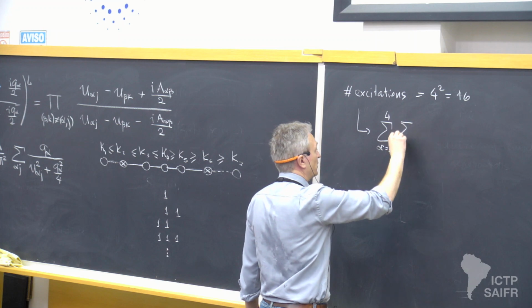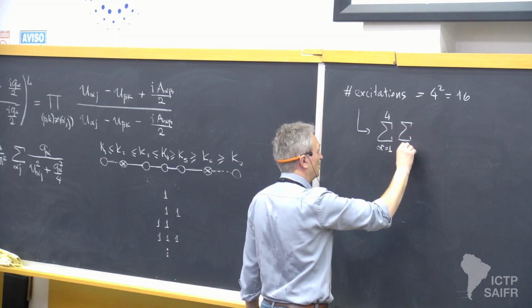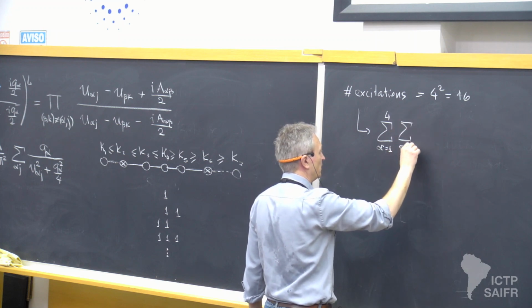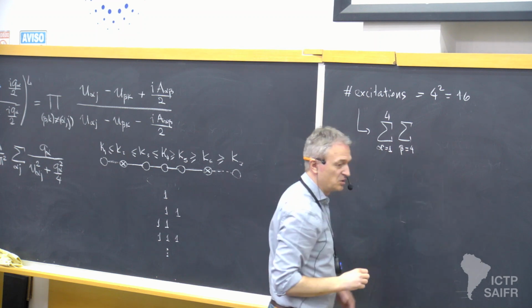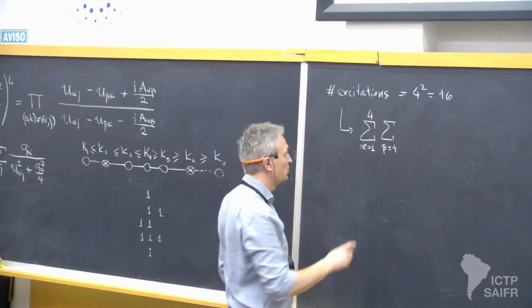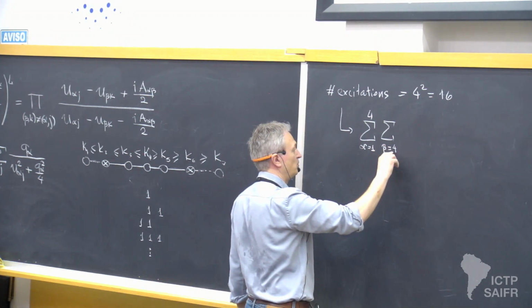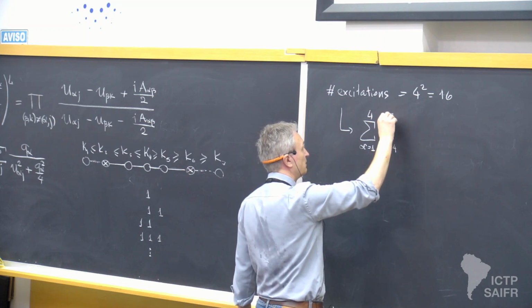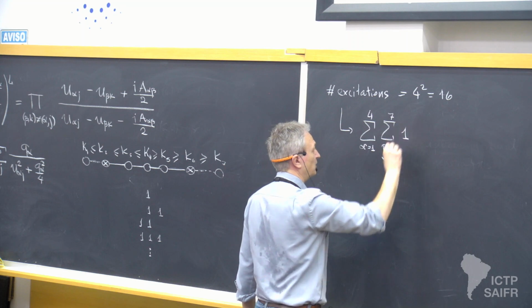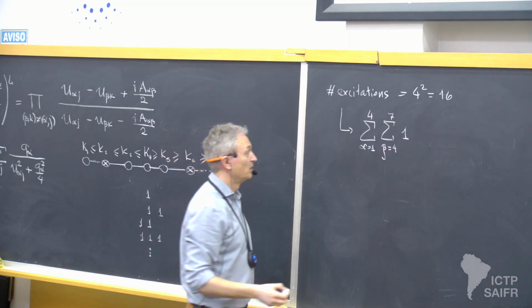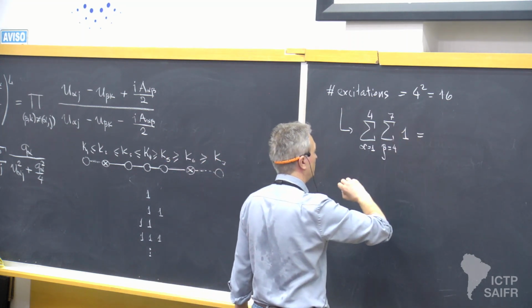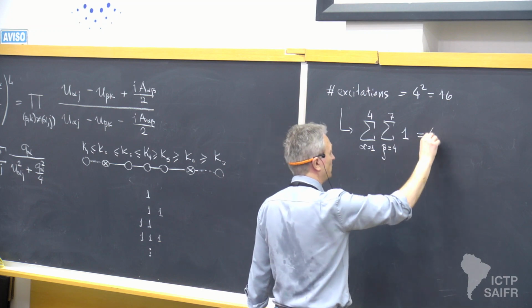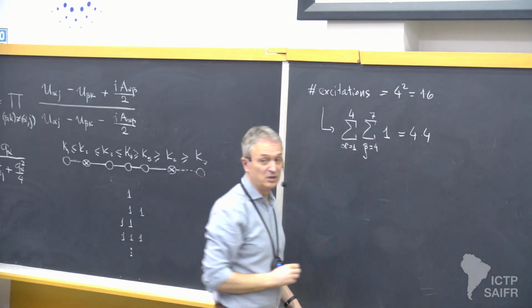And then the end point, since the string should pass through the fourth node, should be either 4 or a bigger number up to 7. And we sum with the weight 1. So this sum is equal to 4 times 4, which is 16.